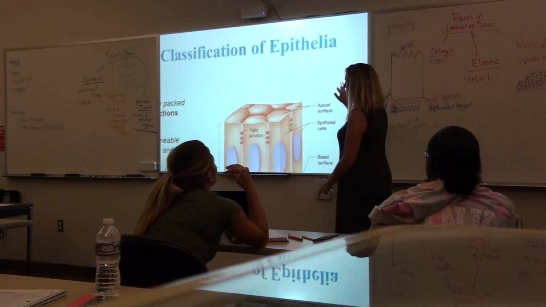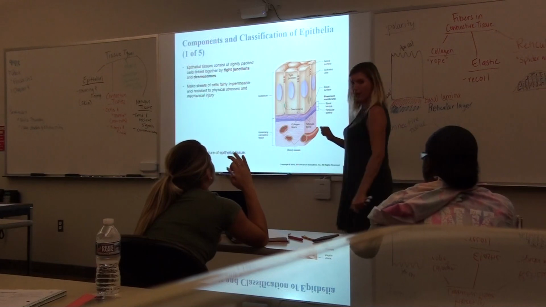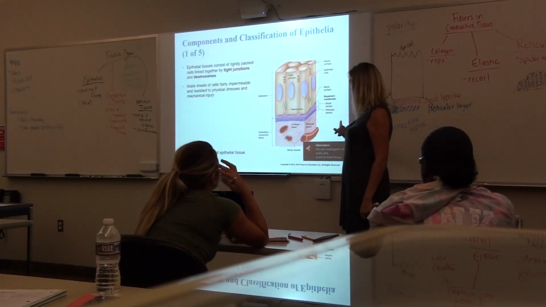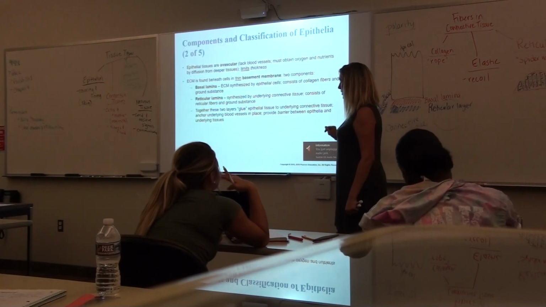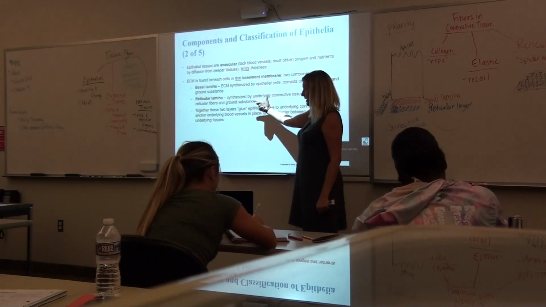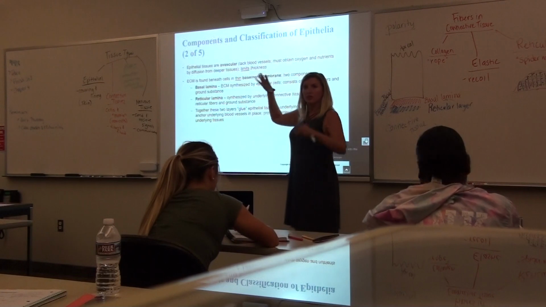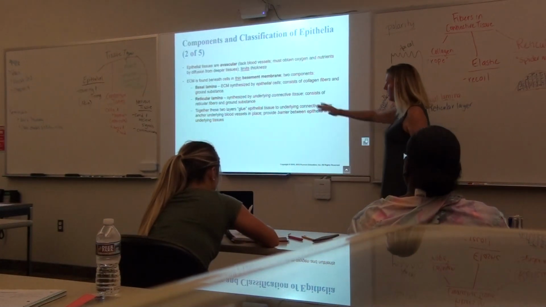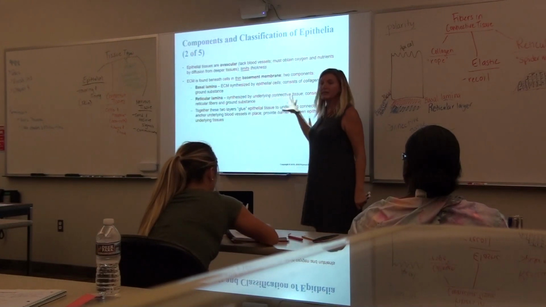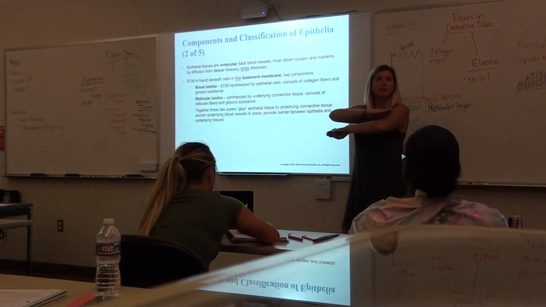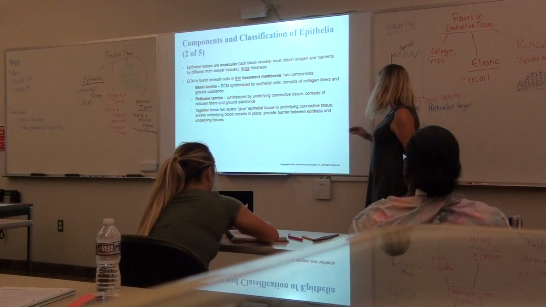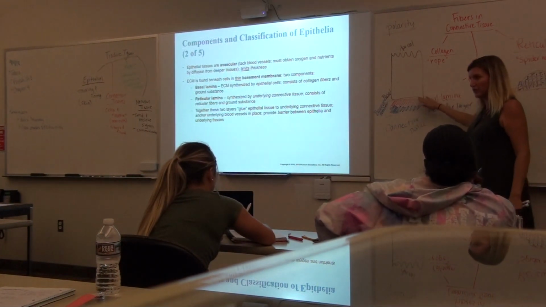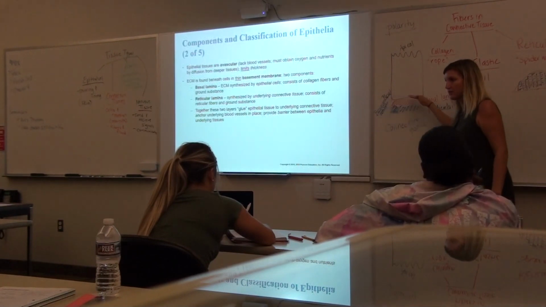So is the lamina part of the connective tissue? Yeah, the lamina is part of the connective tissue. So the basal lamina and the reticular lamina, right? These are the two parts of this basement membrane. They're both maintained between the epithelial layer and the connective tissue layer. The basal lamina is actually secreted by our epithelial cell, so it's kind of like secreting this substance down here to maintain it.